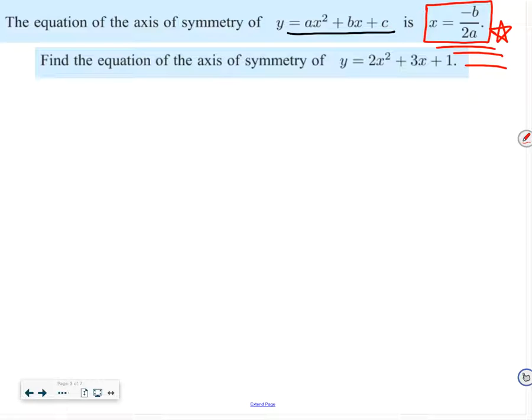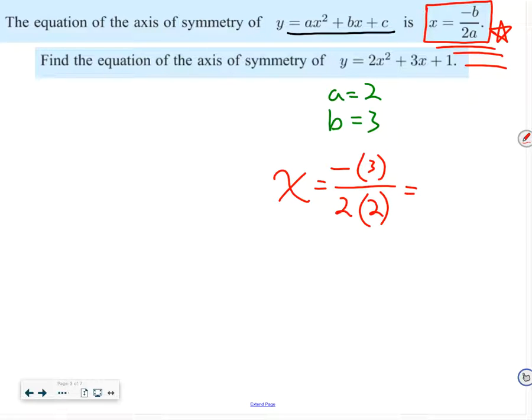If I want to find my axis of symmetry with this example, I again identify my a value is 2 and my b value is 3. Evaluating into my equation for the line of symmetry, I have x equals negative b, so negative 3, over 2 times my a value, which is 2.